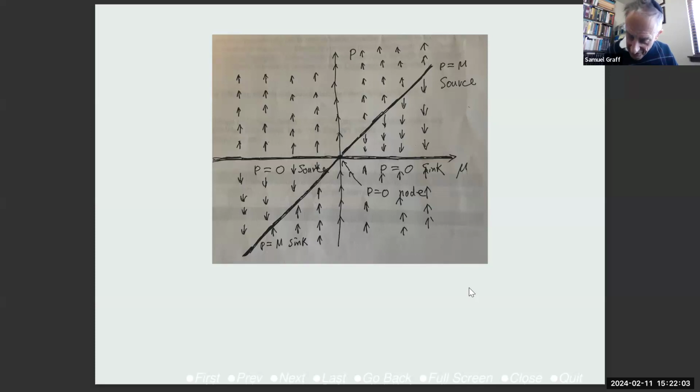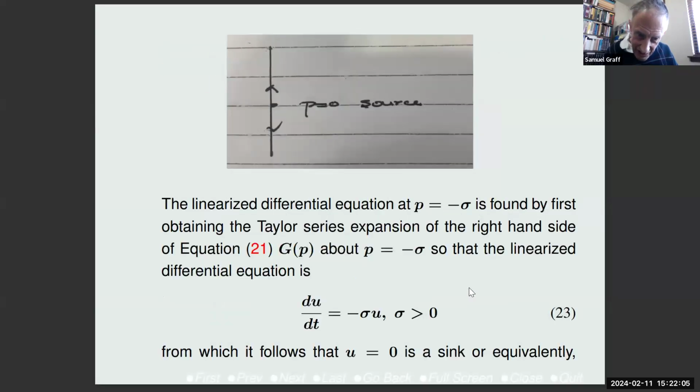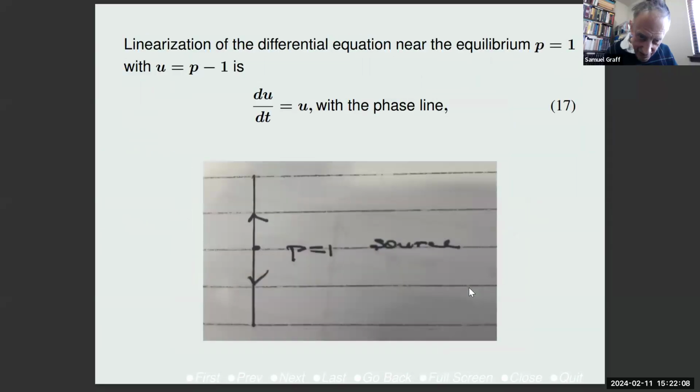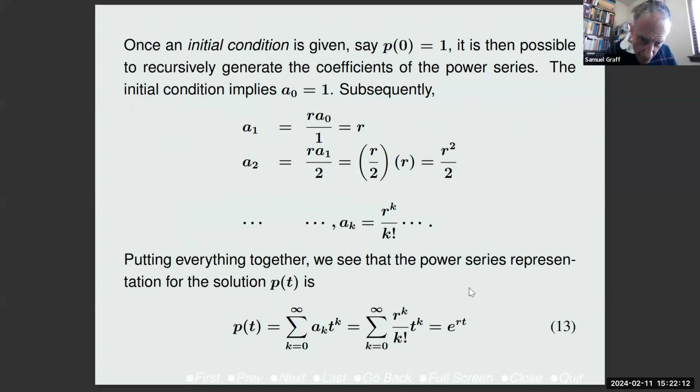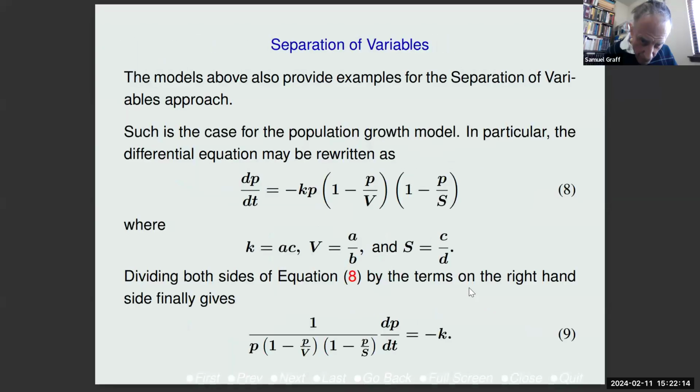And what we find then, if you allow me to go back to the population growth equation, is that the equilibrium P equals V, that's the minimum viable population, is unstable.